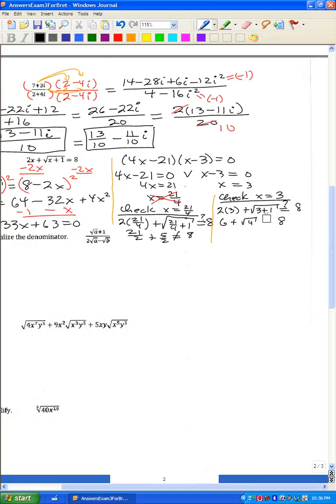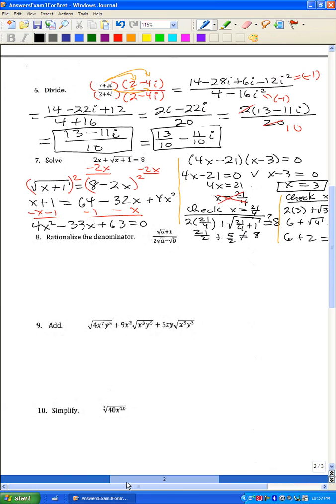Is 6 plus 2 equal to 8? Yes. And so x is indeed equal to 3. And do the next problem. Okay, so let's rationalize the denominator.